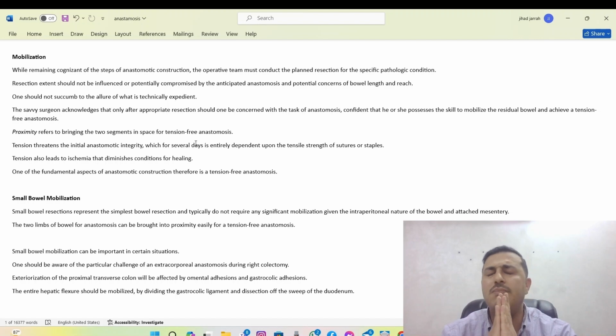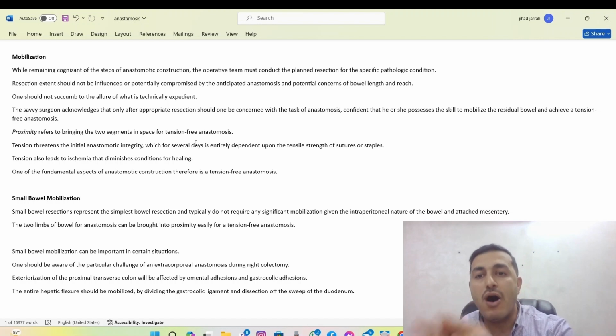But it is extremely important that, if we are talking about colon surgery, for example, the most important thing that should not be affected by the anastomosis is the resection margin. The priority is for your margin, your oncological resection.